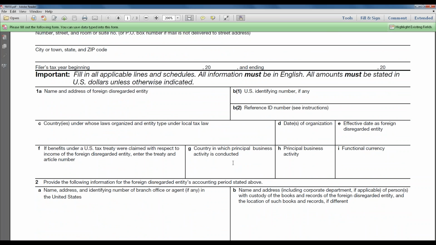Place of corporation, functional currency, can start off with that. Effective date as a disregarded entity, that means you have had to make an election. Keep in mind, every foreign entity that limits the liability of an owner is a corporation. So that means, for the most part, every foreign entity you've had to make this election out of is going to be a foreign corporation.